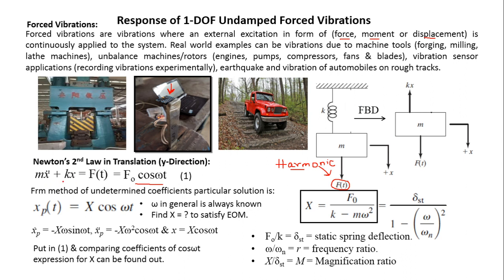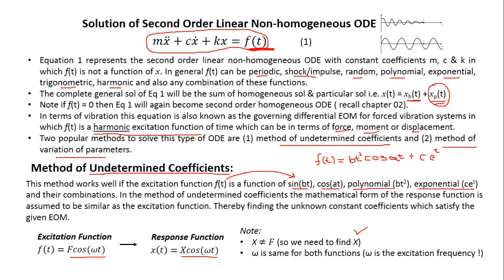That is m x double dot plus k x equals this excitation function f(t), which is equal to F naught cos omega t. So this is our governing differential equation of motion, and you can see that it has the same form as before, with the damping term being 0.